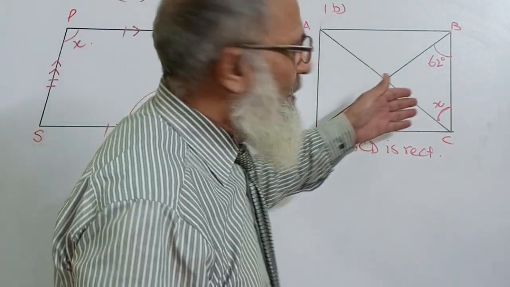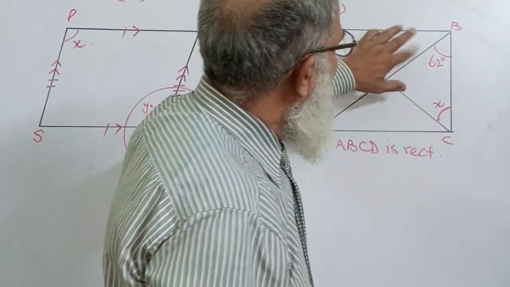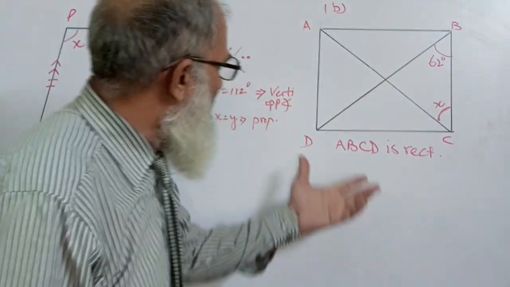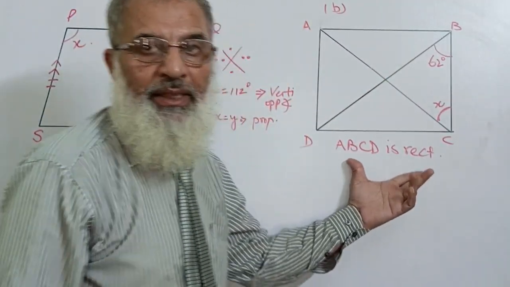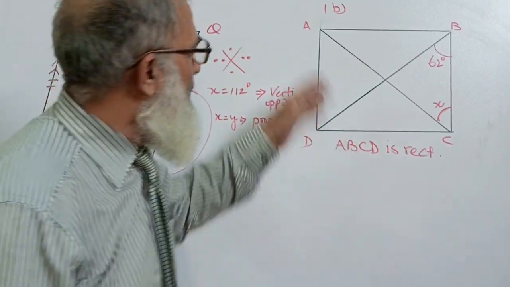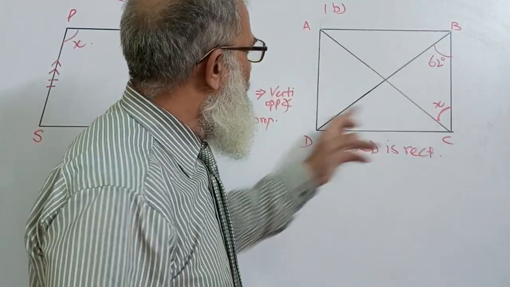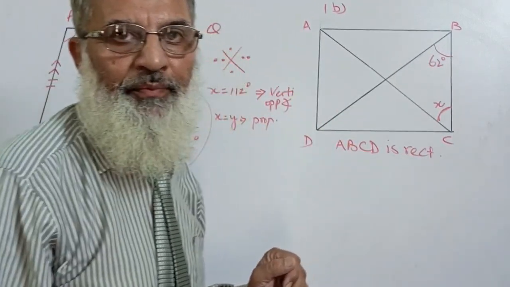So my dear students, it is very easy. I told you that in a rectangle ABCD, or whatsoever the rectangle is, all the four angles are 90 degree.